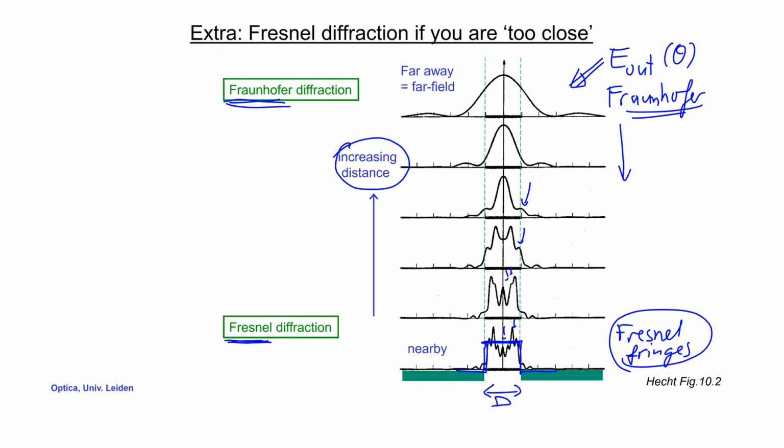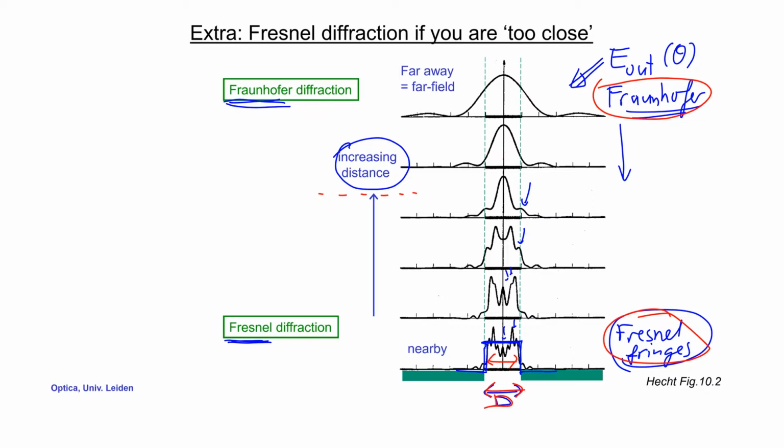Now, if you think about the transition region, where does this Fresnel regime end and where does the Fraunhofer regime start, then there's an easy way to figure it out. If you look at the typical size of the pattern in the Fresnel regime, you're close by the slit, so your pattern will have a width comparable to the size of the slit.